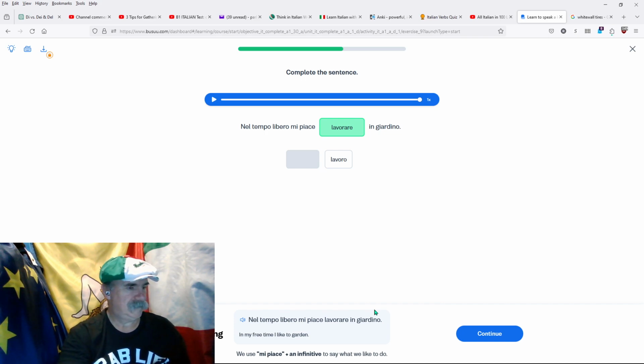Giardinaggio. So is that to say something like giardinera is a verb? Nel tempo libero mi piace fare. Oh, I see. So you don't use gardening as the verb. You still are doing the gardening instead of just gardening.